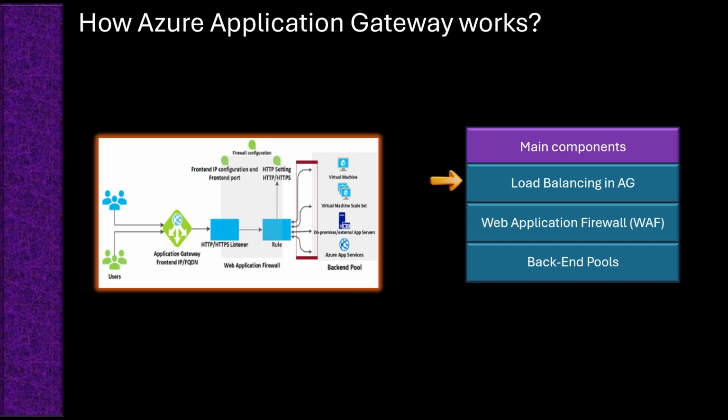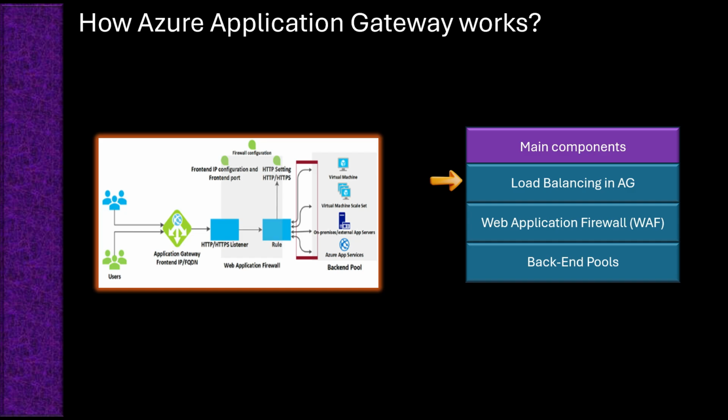Another component is load balancing in application gateway itself. Azure Application Gateway uses layer 7 load balancing, which means it balances traffic based on more than just the destination IP address. It considers higher level routing parameters like host names and path defined in your routing rules. This is a key advantage over the other load balancer like Azure Load Balancer, which works at layer 4 and balances traffic based solely on IP addresses.